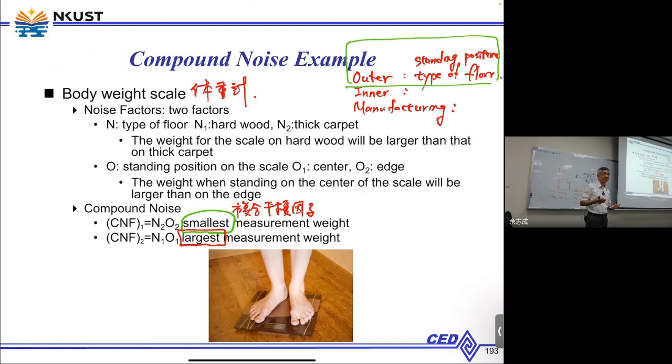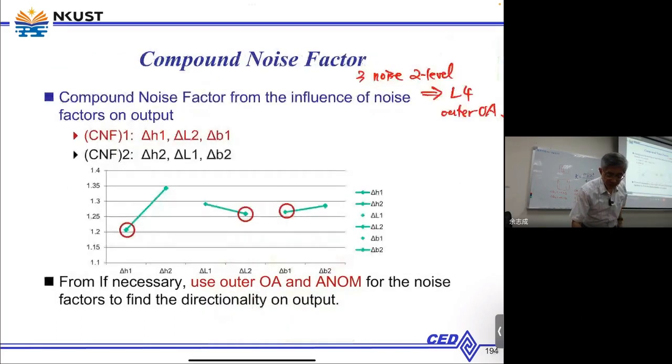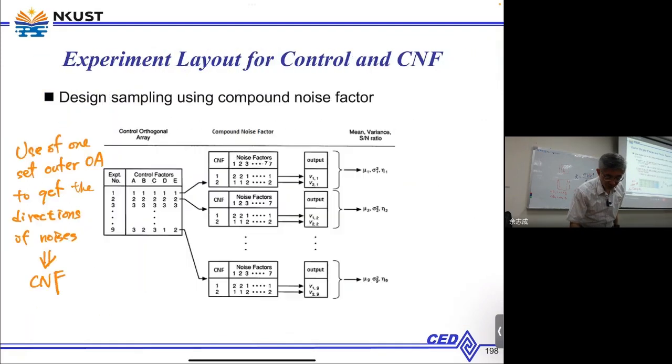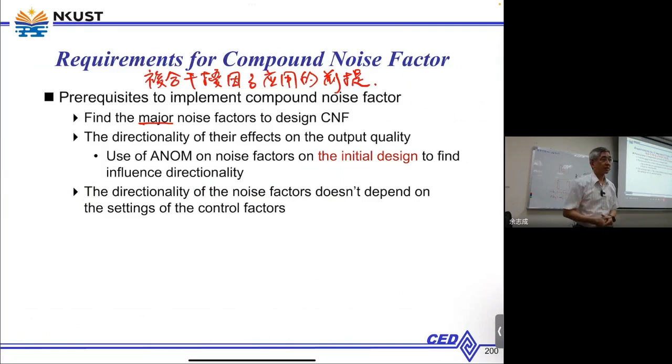Why? Because the error of outer noise will be more important than the manufacturing error. So we consider all the noise, but at last, we only think these 2 outer noise are most important. That's the reason why I say you need to consider all the major noise factors first, including outer noise.